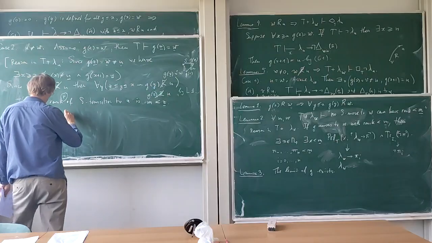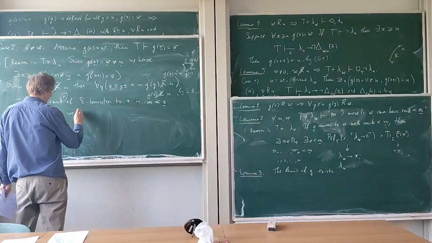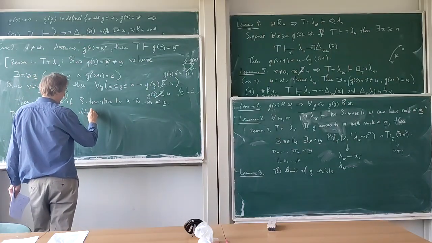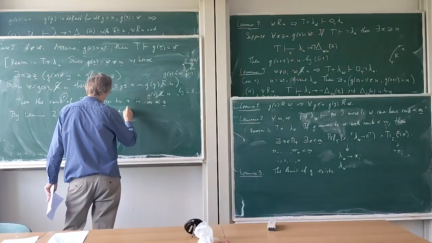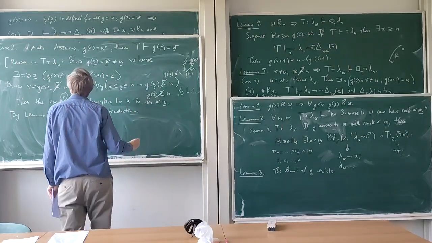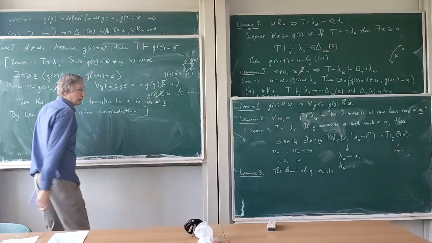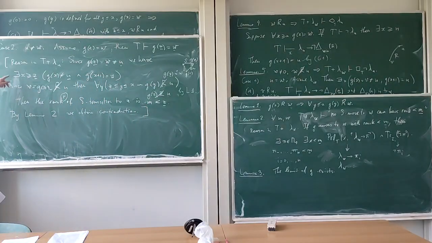By lemma 2, we obtain a contradiction. Bracket closed, so this was a reasoning in T plus lambda U, assuming lambda U, and we obtained a contradiction, so our lemma is proved.